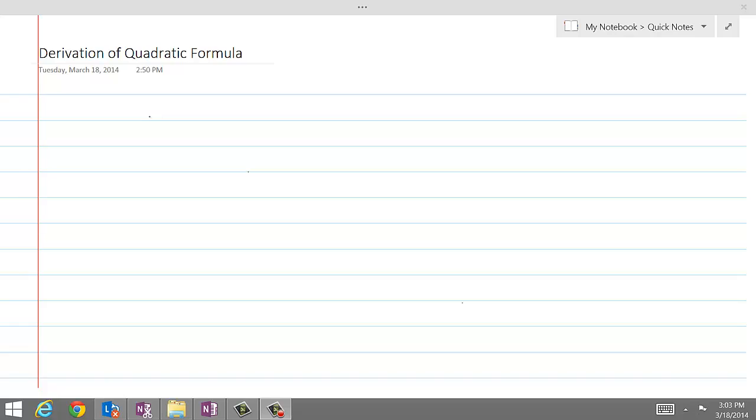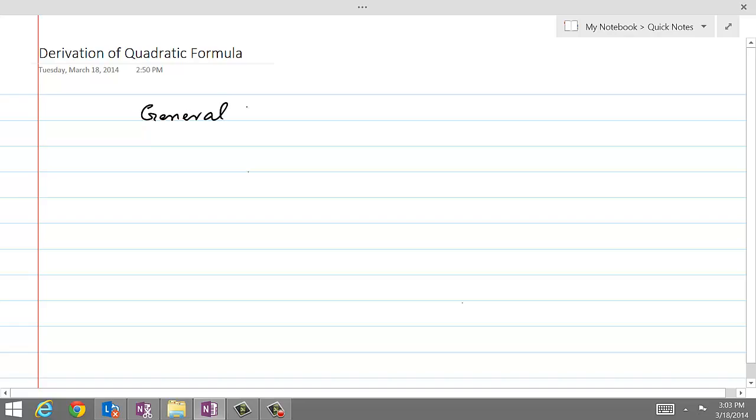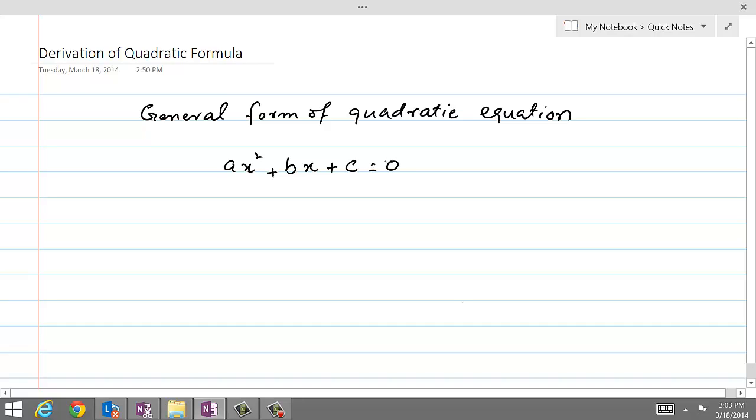For that purpose, we know that the general form of a quadratic equation is ax square plus bx plus c equal to 0. This is called the general form of a quadratic equation.